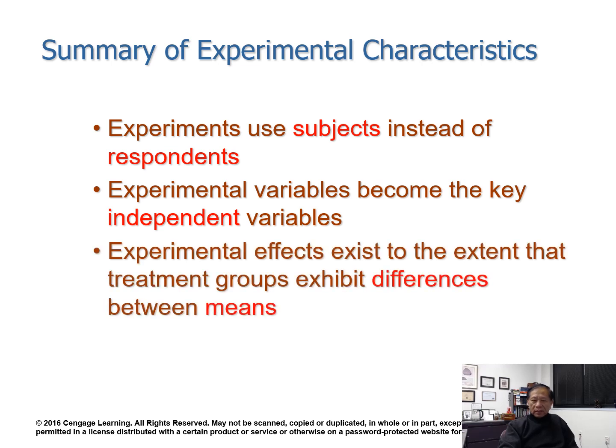Experimental effects exist to the extent that the treatment groups exhibit differences between means, like purchase intentions with the different colors of room or with different levels of lighting. Okay, we want to see the differences in means.